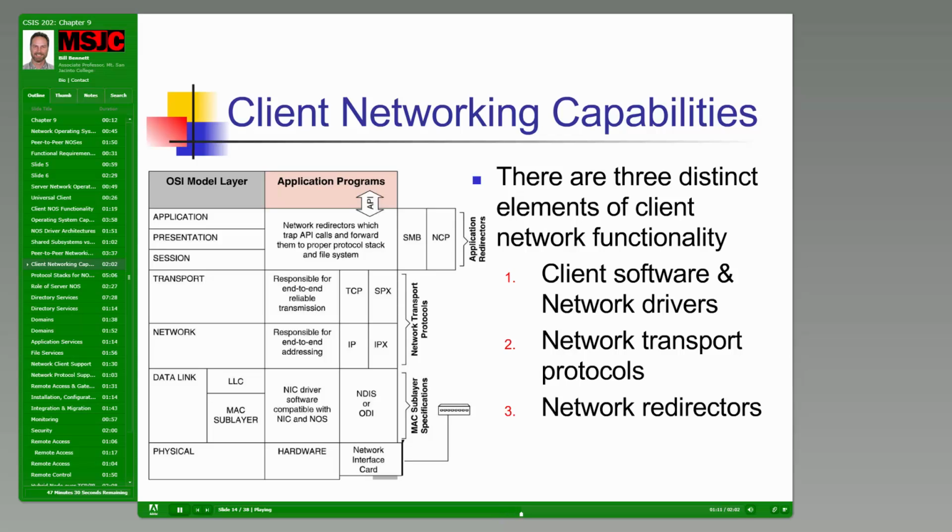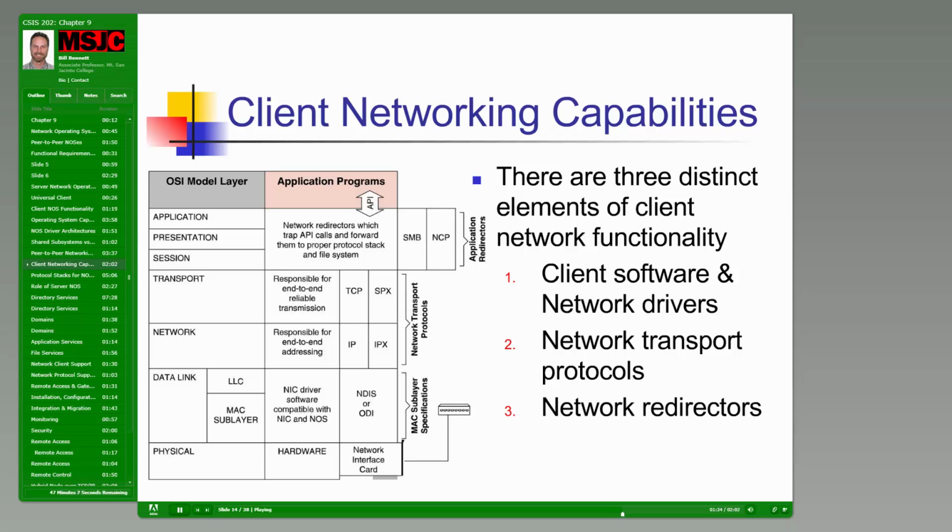And then item number three, which is your network redirectors. I had mentioned to you earlier that at the session layer you need to have the appropriate protocol operating. And so in a Microsoft world, in order for a client to exchange files or access shared files on a Microsoft server, you need to be running Server Message Blocks, or the SMB protocol.